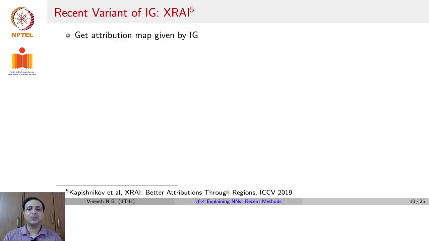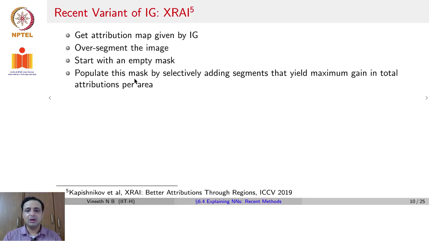Let's come back to XRAI. So you get an attribution map given by IG, and then you over-segment the image, which means you get a lot of segments in the image. And now you start with an empty mask, which means there's no mask to start with. And then you add a region which has the highest sum of attributions in a given segment.